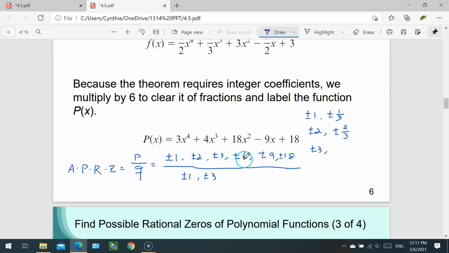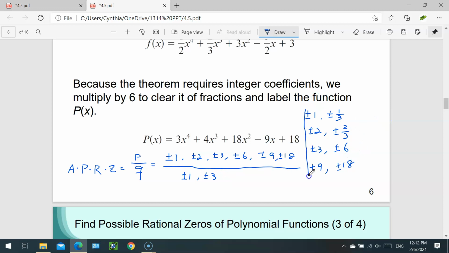We move on to 6. 6 divided by 1, you have positive negative 6. 6 divided by 3 is 2, and 2 was here. Now we move on to the next one. 9 divided by 1, you get positive negative 9. 9 divided by 3 is 3, so 3 was here. 18 divided by 1, we get 18. 18 divided by 3 is 6, and 6 was here, so you don't represent them twice.